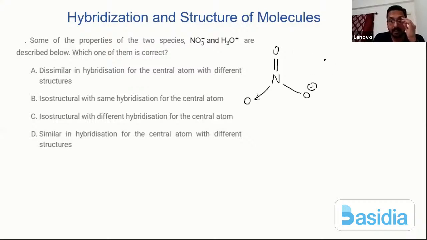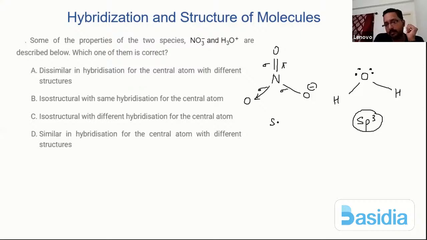Similarly, if I want to write H3O plus, how do I write it? Oxygen in the center. Initially, let me say this is my water molecule, with the hybridization as sp3. Here, because of the pi bond and the sigma bonds, the hybridization is sp2. So one thing is for sure, the hybridization is different.